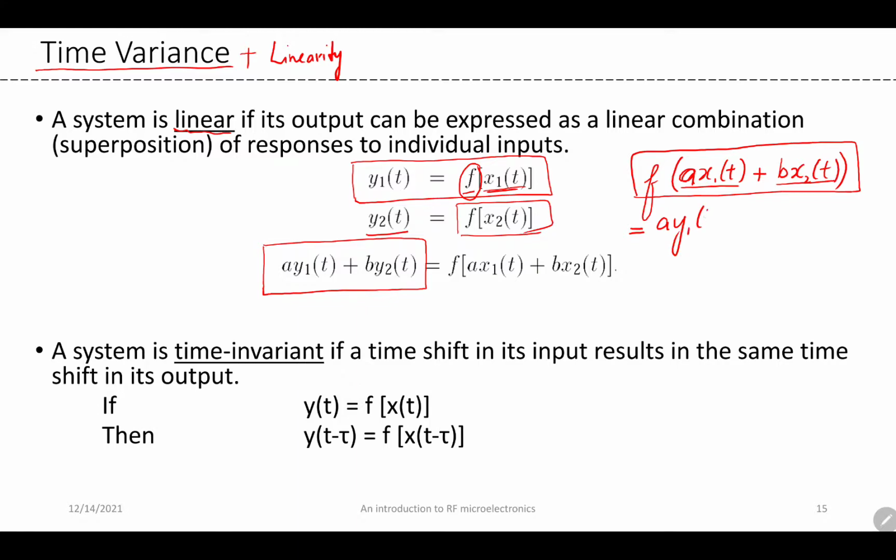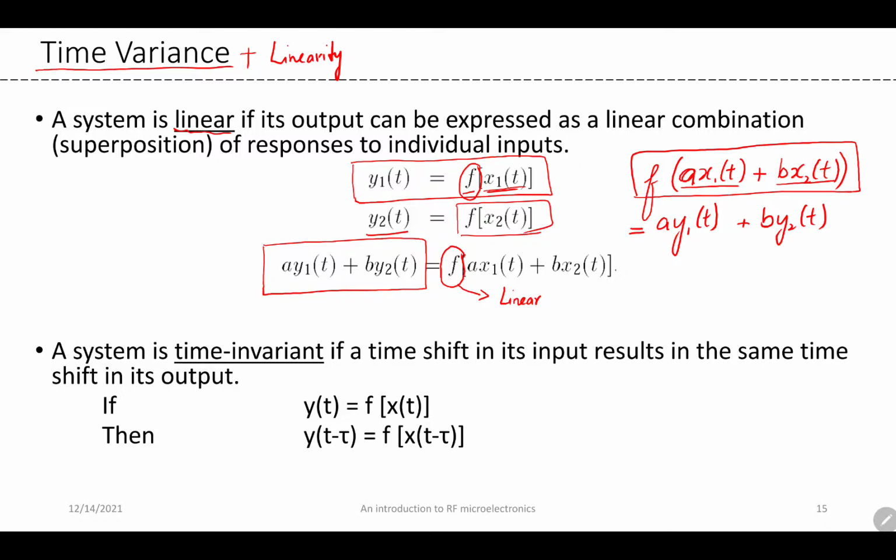So it should be equal to a y1(t) plus b y2(t). That is what a linear system does. So if this happens, then we say that this system f, or this function f, is linear if it follows this principle.